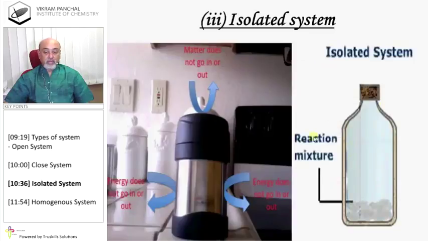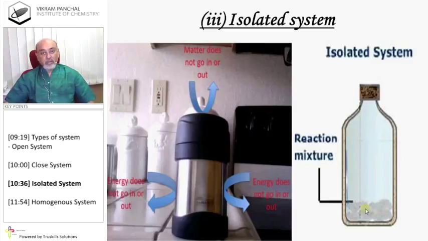Well, it is not a permanent isolated system. Why? Because in isolated system, there should not be any exchange of energy. But you know that if you keep hot tea in this thermos for some time, it remains hot, but not after a long time.